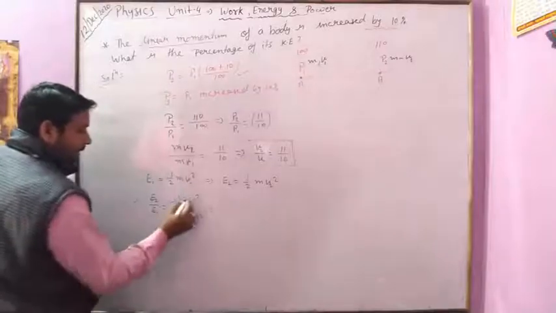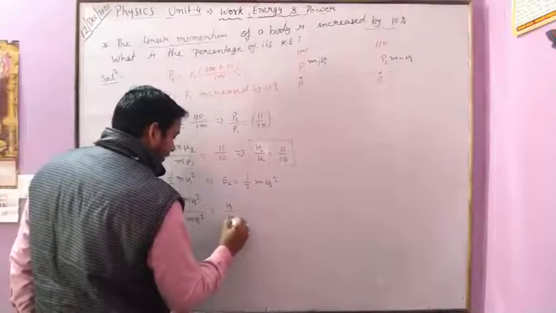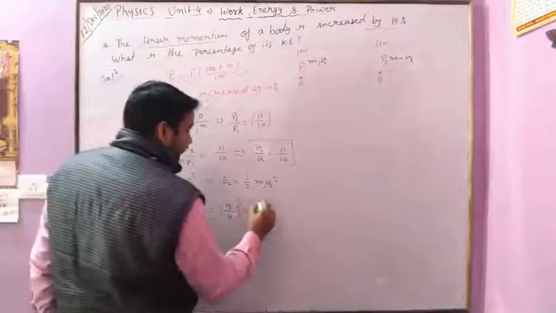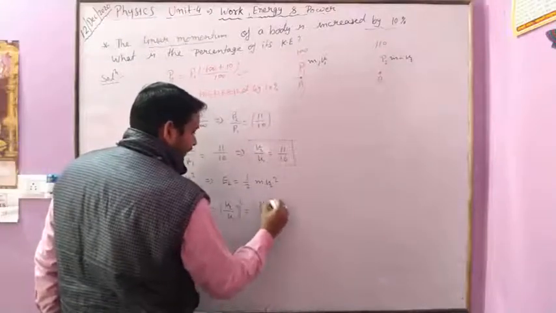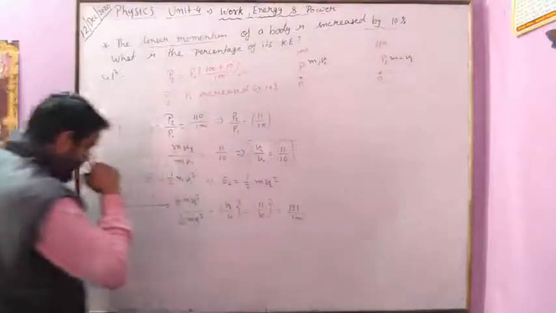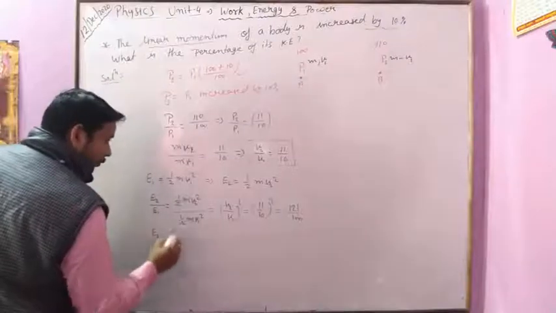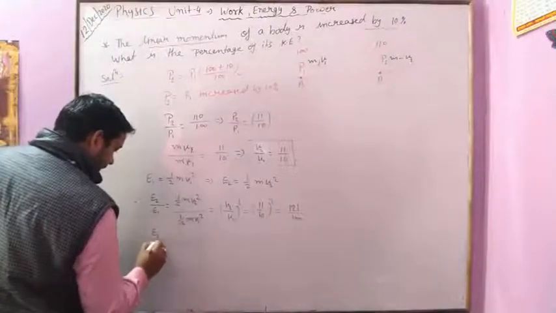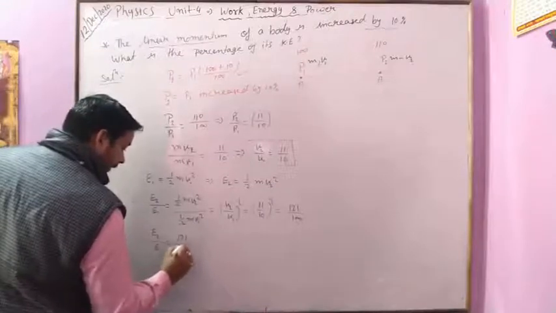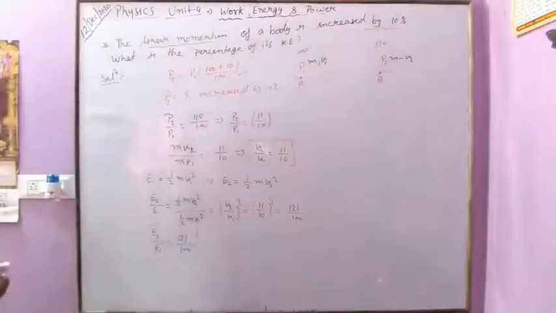From here half m cancels, and we get v2 upon v1 whole square. From here you will calculate that 11 by 10 square is 121 upon 100. So E2 upon E1 is equal to 121 upon 100. This is the ratio of the energies.